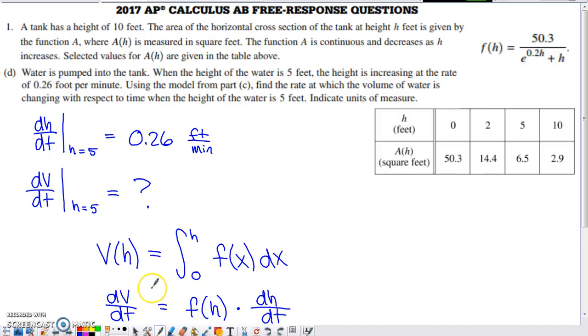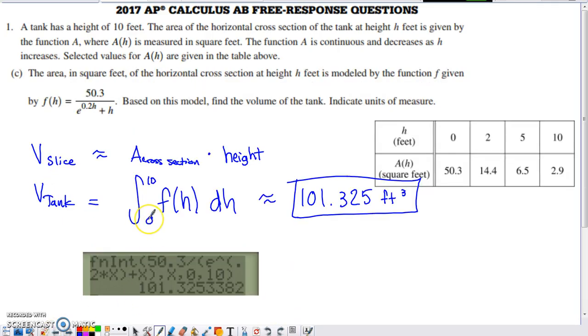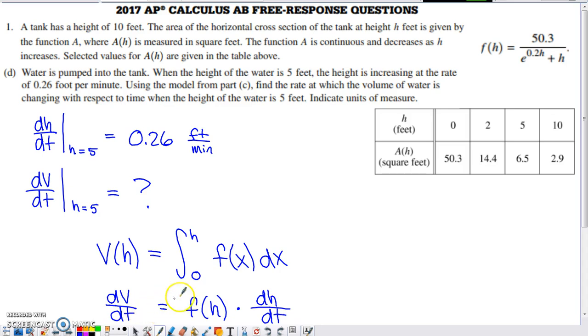If I'm trying to come up with a formula that relates V and h, the volume of the tank is going to be found by doing the same sort of integral that we did in part C, but this is sort of weird because we don't want the volume of the full tank right now, right? The volume of the full tank required us to go from 0 feet for our height clear up to 10 feet. We want the volume of the water in the tank.